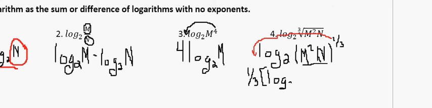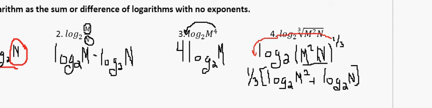So I'm going to do log base 2 of m squared plus log base 2 of n. Okay, because they were multiplied, I separated them out into their individual logarithms where they're added.